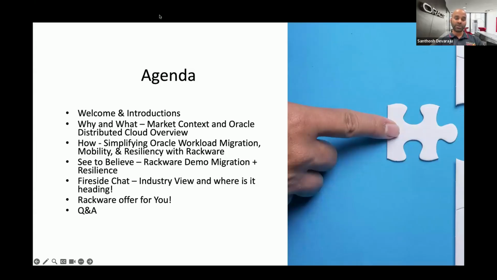The most important thing is to build confidence and help customers and partners with the right tooling to simplify the migration over to the cloud or the distributed cloud at the customer data center. We will also have a fireside chat where we'll be joined by Michael and Tanmay, who will provide industry expertise and their views on where the market for cloud migration applications is heading. And that's going to be very interesting. Last but not least, there is a great offer from RackWare for you as a customer or a partner, so stay tuned for that.